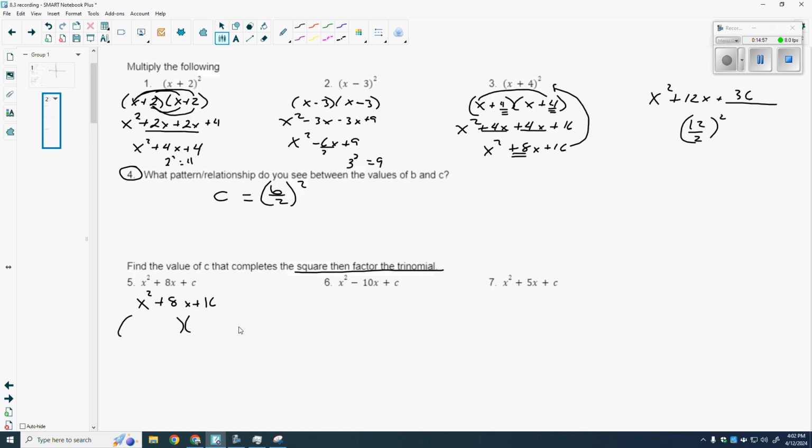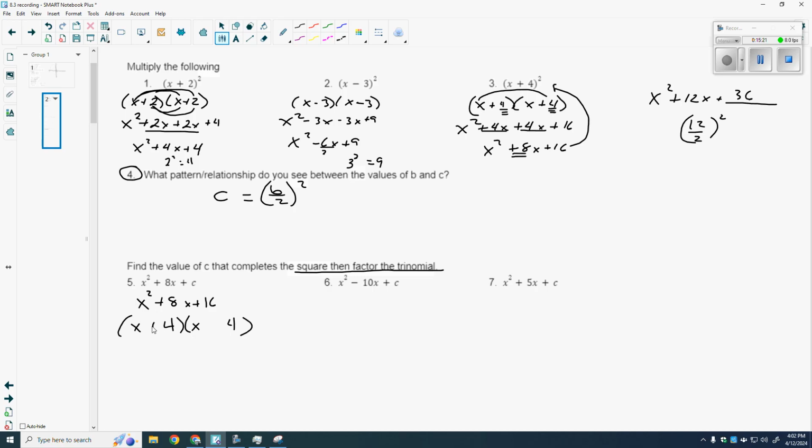So I have two parentheses. X times X gives me x squared. What two numbers that are the same multiply together to give me 16? Well, 4 times 4. And they need to add to give me the 8. So this is a 4, and this is a 4.